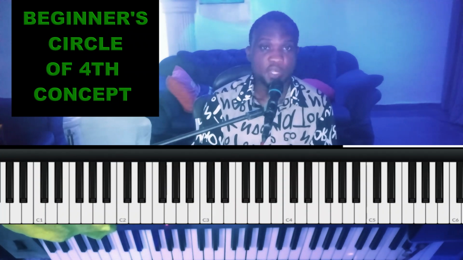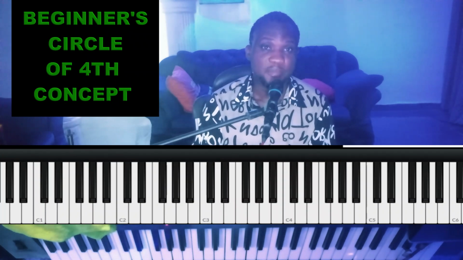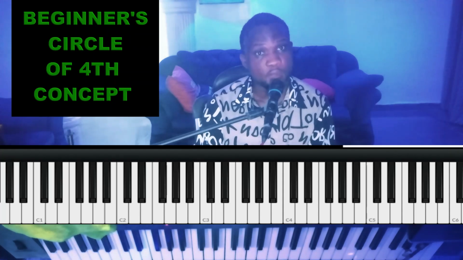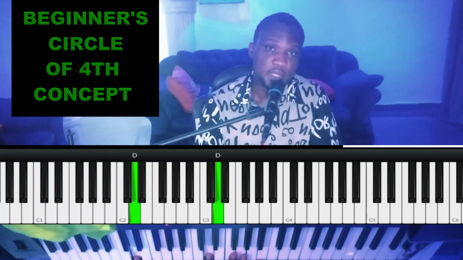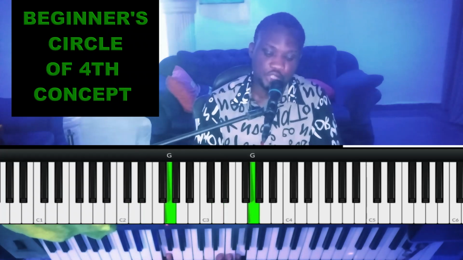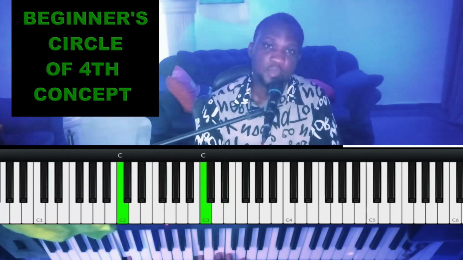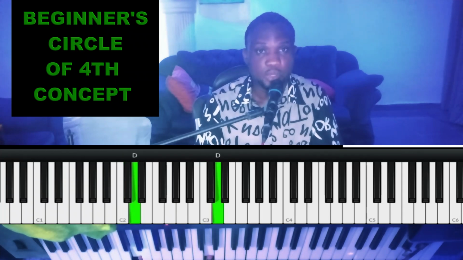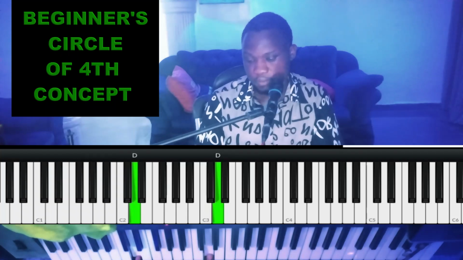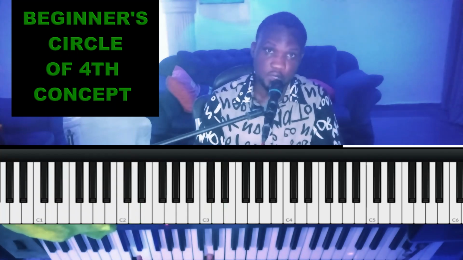One of the major ways in which you've been playing the circle of fourths unknowingly is through the 251 chord progression. On the key of C, the 251 chord progression is D, G, and C. Now let's check this out. The progression starts from D, which is the second degree of the scale on the key of C major.